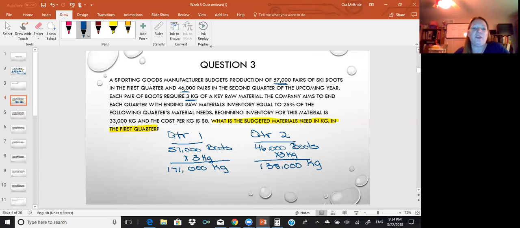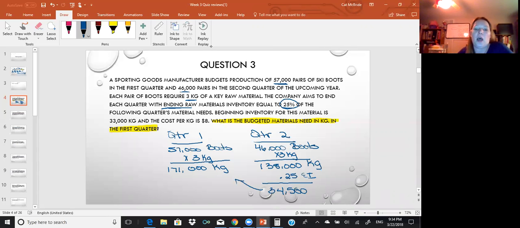The company aims to end each quarter with ending raw materials inventory equal to 25% of the following quarter's needs. So I need 25% of this left in ending inventory. So I need 34,500 kilograms in ending inventory.